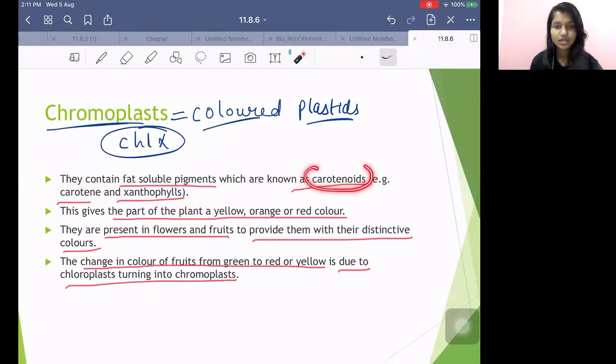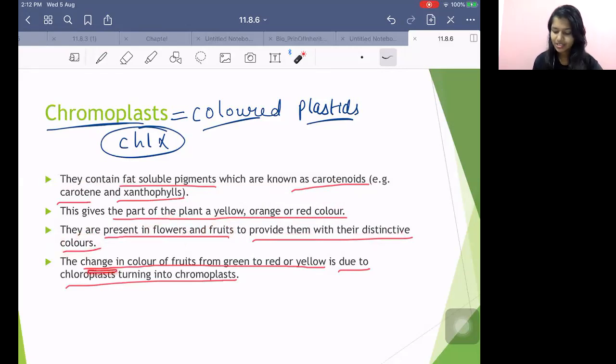Carotene and xanthophyll will give yellow, orange, and red color to the plant. They are present in flowers and fruits to give them color.